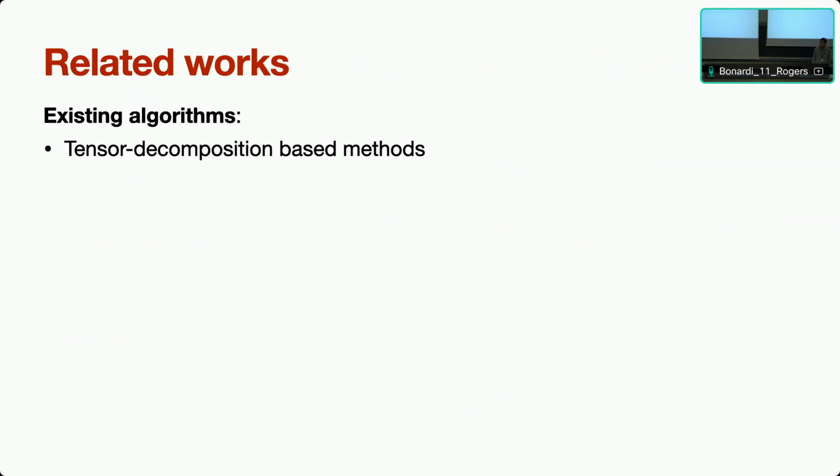The previous works on this problem go in basically two directions. The first is algorithmic results, and the second is lower bounds. The existing algorithms can be divided into two categories. The first is based on tensor decomposition.